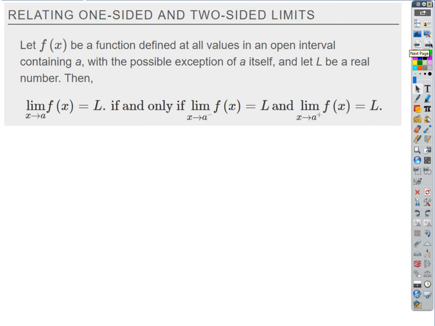And this is, I think, where we sort of left off with one-sided limits. We were able to improve our informal definition of a limit and call a regular limit now a two-sided limit.